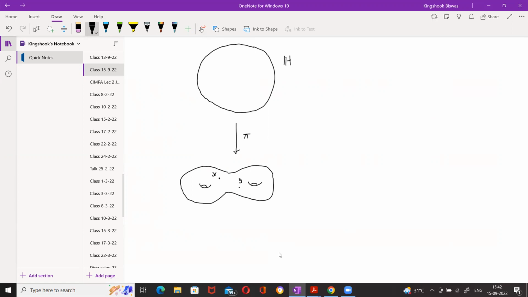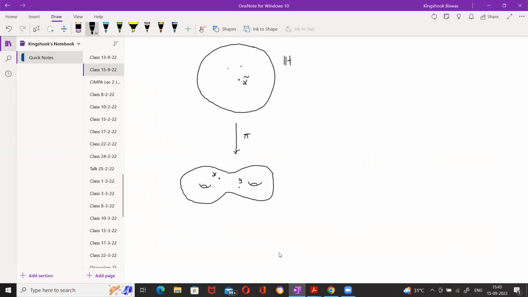Let me take a lift X tilde of X, then a lift of Y. If I take all the lifts of Y, that will be an orbit of the group gamma in H.